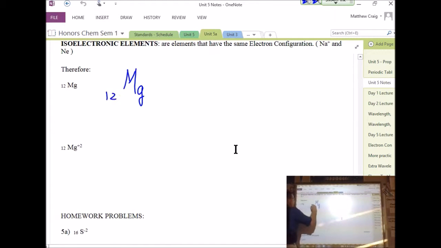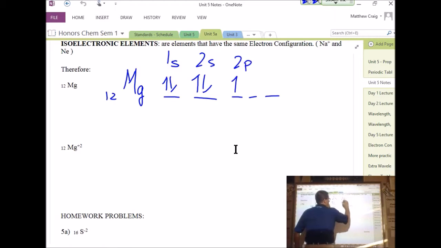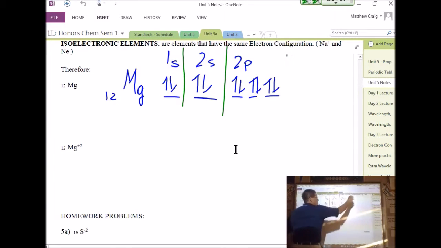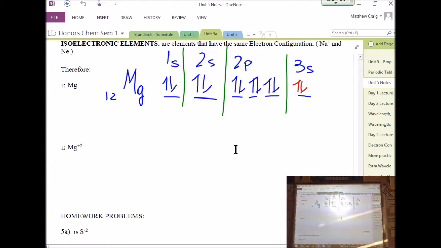So magnesium is, and I'm going to draw it this way: 1s, 2s, 2p, and let me separate these guys so you don't go crazy. And then 3s. That is the neutral configuration for magnesium.